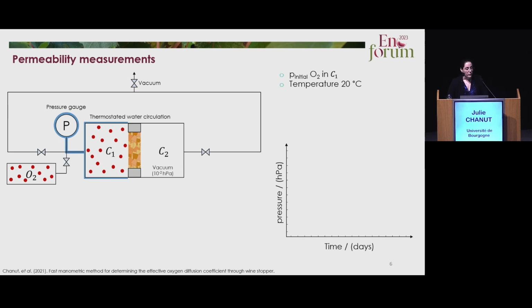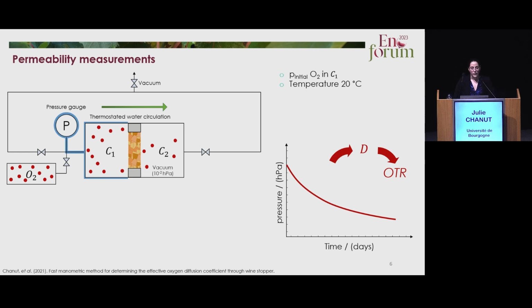You have your sample of cork that you put in between two sections, one with oxygen and the other one, which is C2 on the pictures, with no oxygen, a vacuum. And you see the transfer of oxygen, which is accompanied by a decrease in pressure, because if pressure goes down, then oxygen goes through the cork.